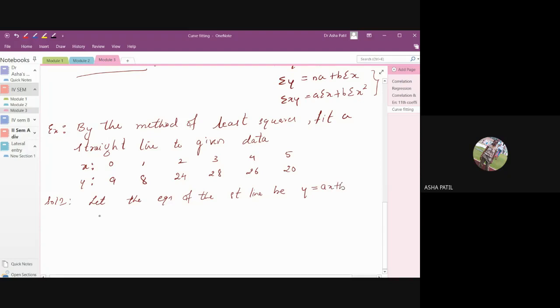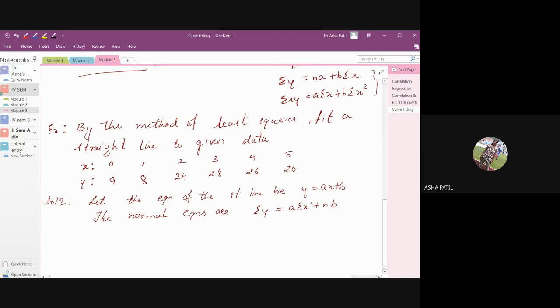Now write the normal equations first. The normal equations are: taking summation over this, summation y is equal to a into summation x plus n into b.